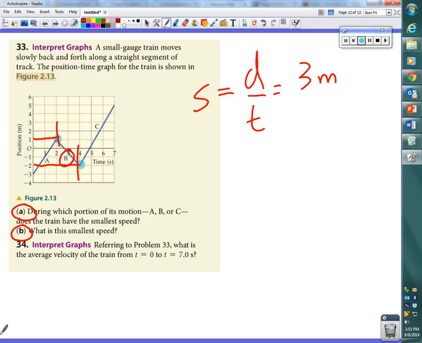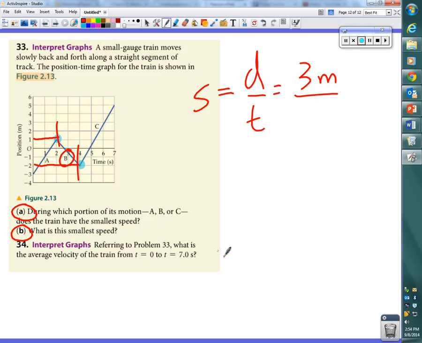The distance is on the y-axis, because the y-axis is position. So it starts at the 1 meter mark, but it ends at the negative 2 meter mark. That's a distance of 3 meters. Distance being scalar, it doesn't matter which direction it's going.